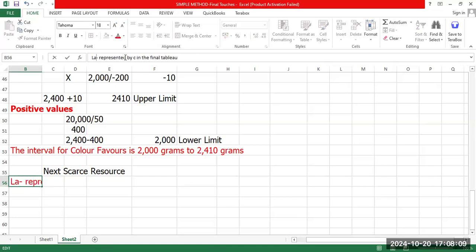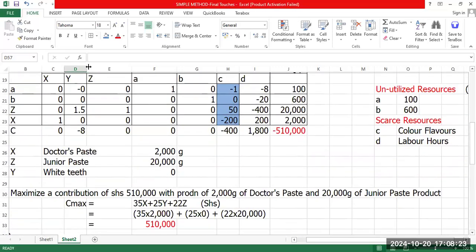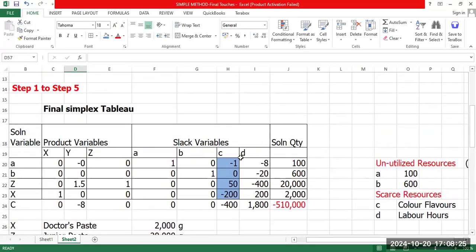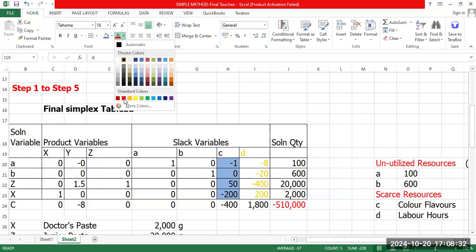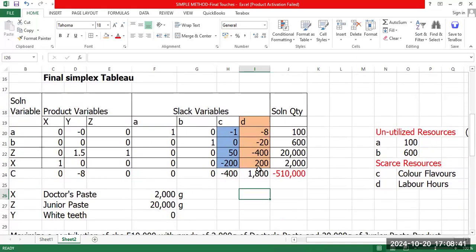By D. Labor hours is represented by D in the final table. So we go to our final table and see where we are standing now.